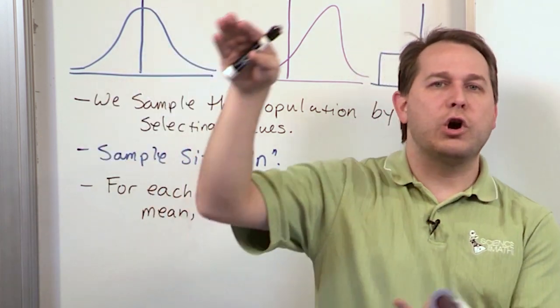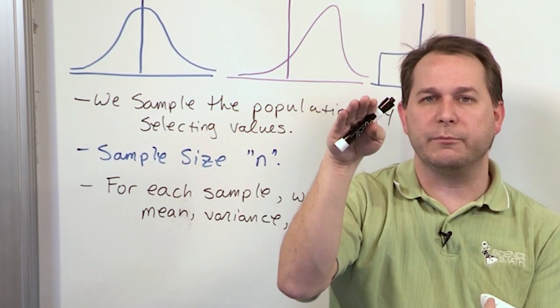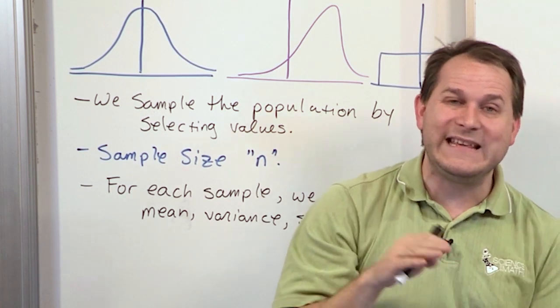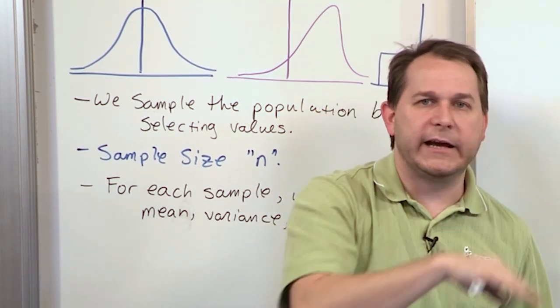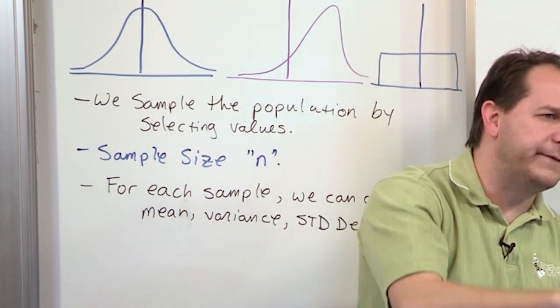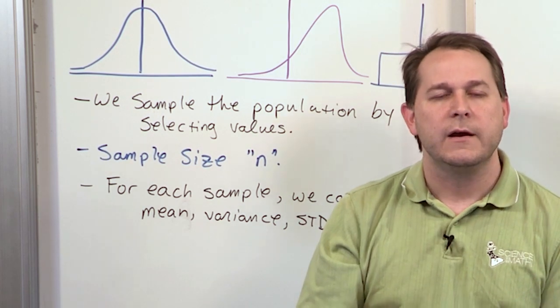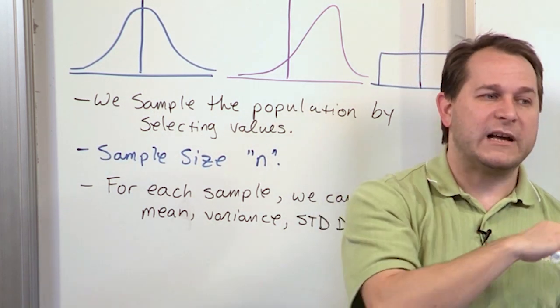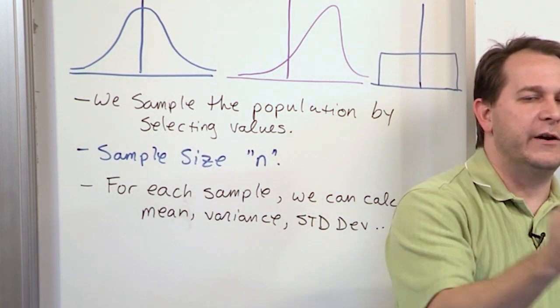Then I go call 50 more people, and I can find 50 more IQs from sample number 2, and I can calculate the average IQ of sample number 2. And then I can do it again and again, calling another 50 people, and another 50 people, but every time I do it, I average their IQs, find their means, and I'm basically recording the average IQ I'm getting from each batch of 50 people.